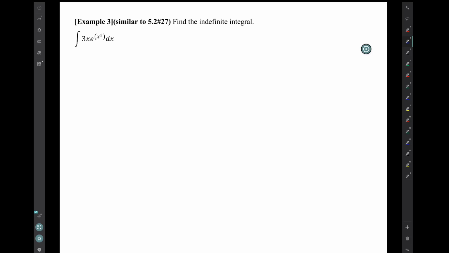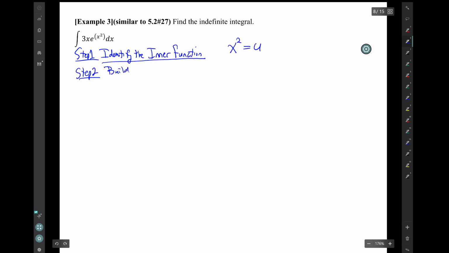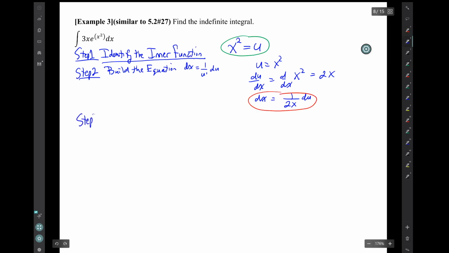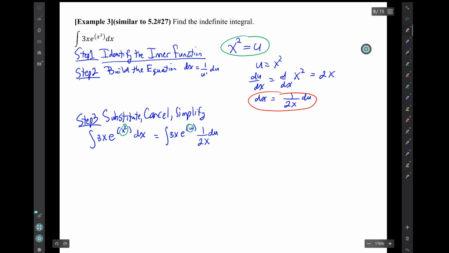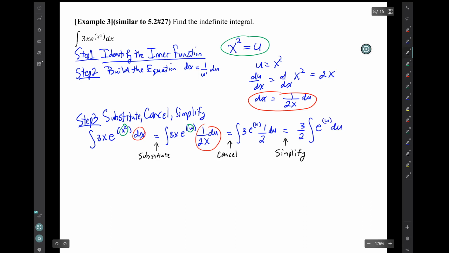Example 3, find this indefinite integral, integral of 3x e to the x squared. All right, step 1. There's step 3.